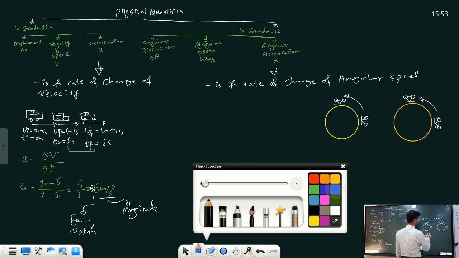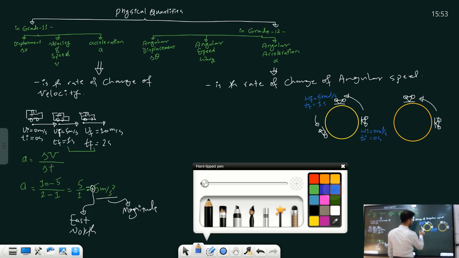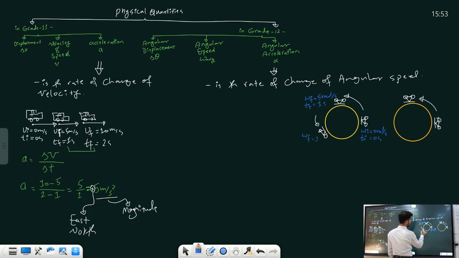Let's consider the initial angular speed of this bicycle is 0 radians per second at the initial time of 0 seconds, and then it becomes 5 radians per second at the final time, let's say 1 second. And then as the bicycle gets here, the angular speed increases more. It becomes 10 radians per second at the final time of 2 seconds.